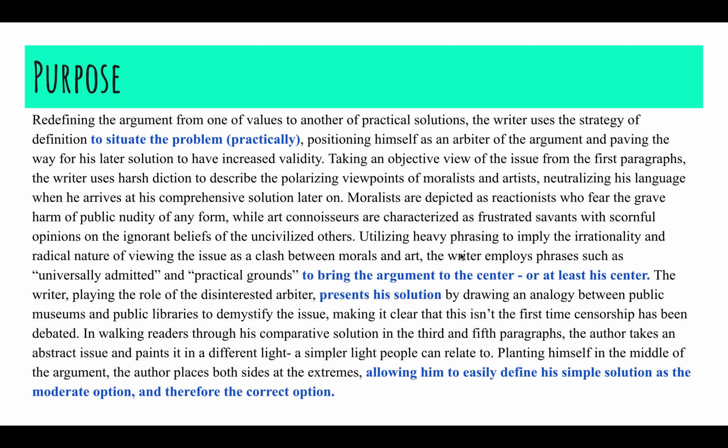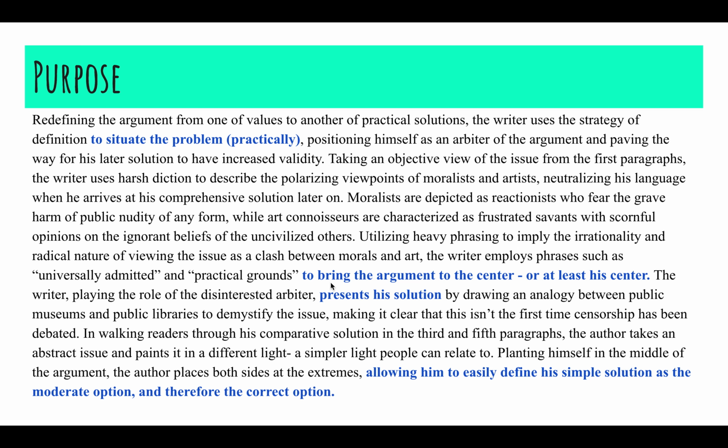I think it would make more sense if I read what came before. Utilizing heavy phrasing, and this is part of the devices, to imply the irrationality and radical nature of viewing the issue as a clash between morals and art, the writer employs phrases such as universally admitted and practical grounds. And here we get quotations from the text that prove the device being talked about, which is the word choice, right, or language.